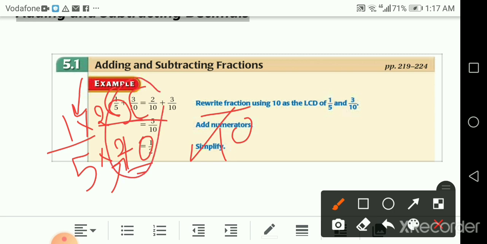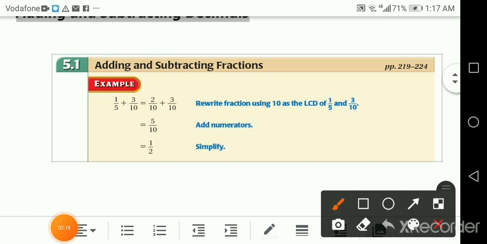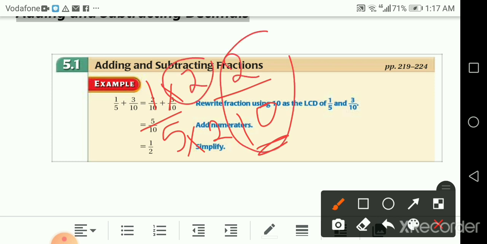Let's be more clear, 1/5 again. I need it to be something over 10. So 5 multiplied by 2, and 1 multiplied by 2 gives me 2/10.